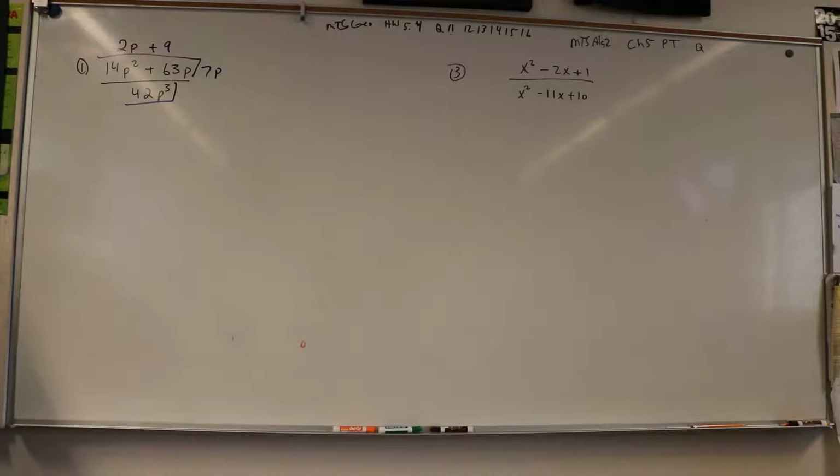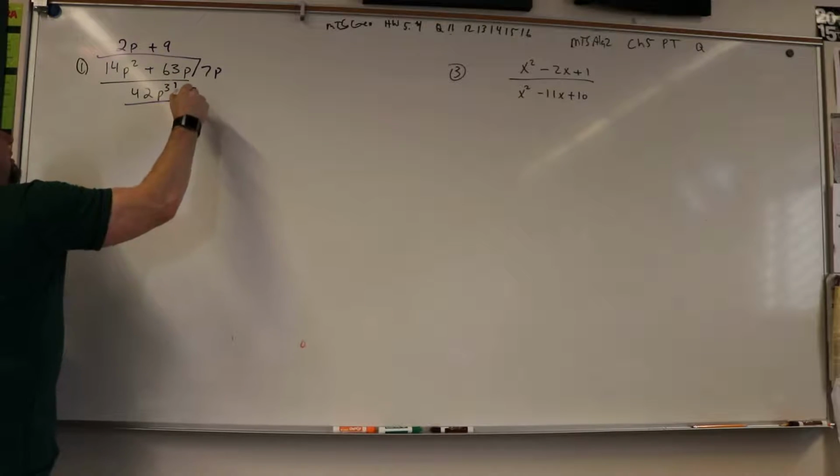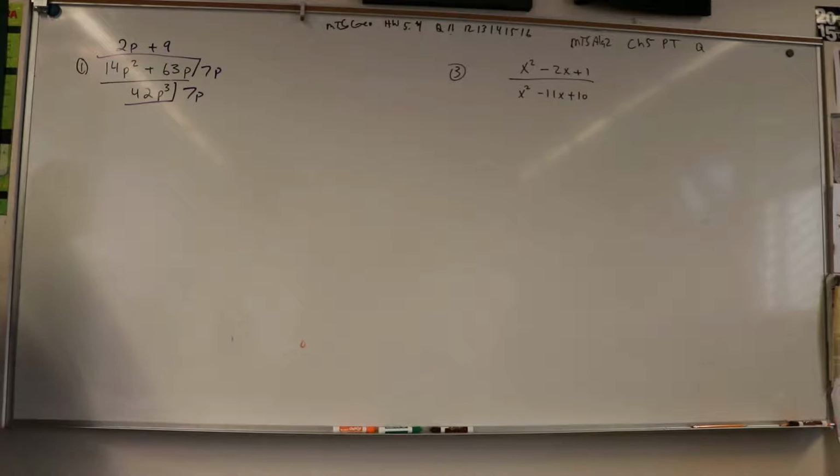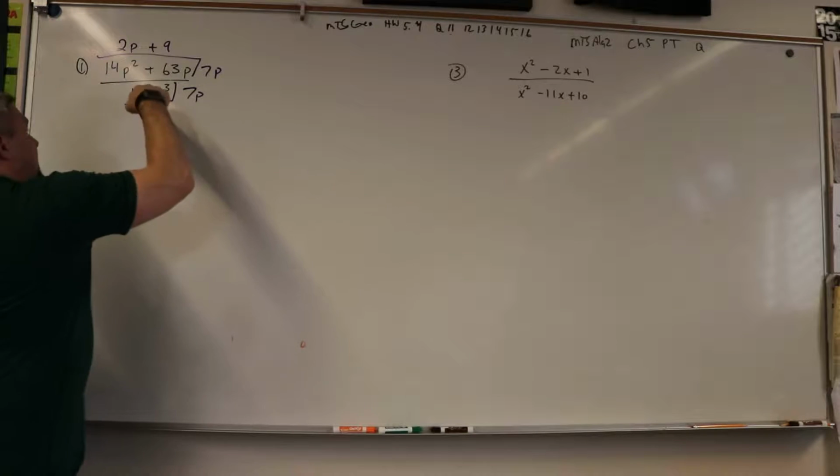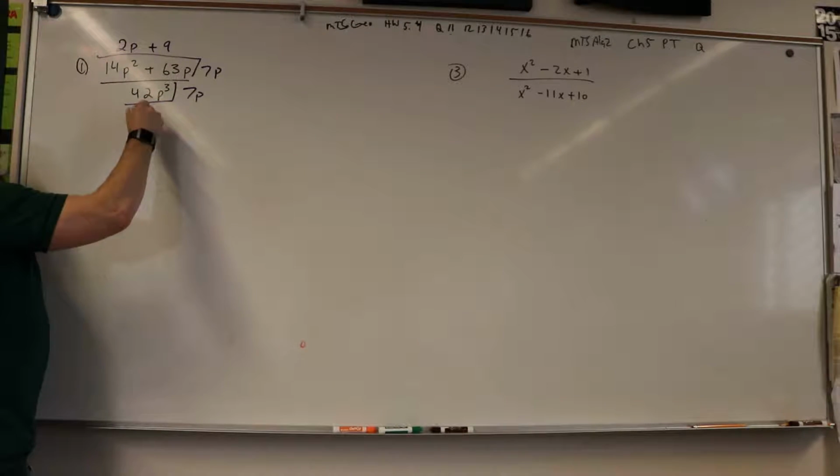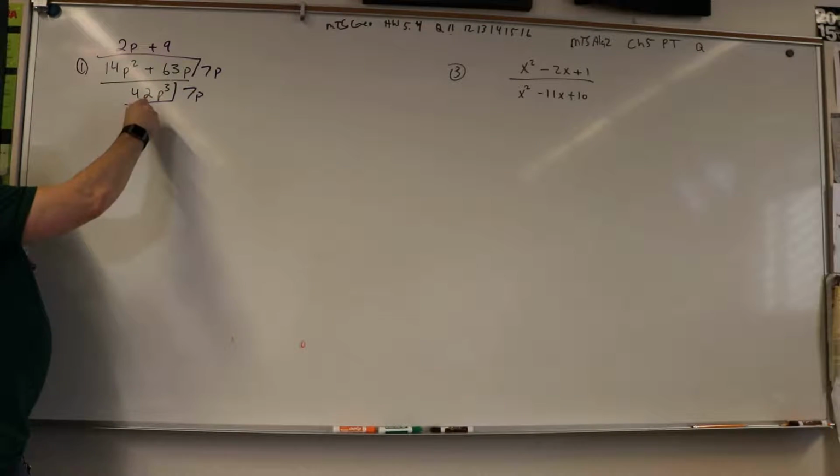I mean, people are like, well, you always? Well, not always. But if we can, we want to, because the whole point of the fractions is canceling things out, right? Question? No? Okay, so 7P, right? And so what I get is 6.